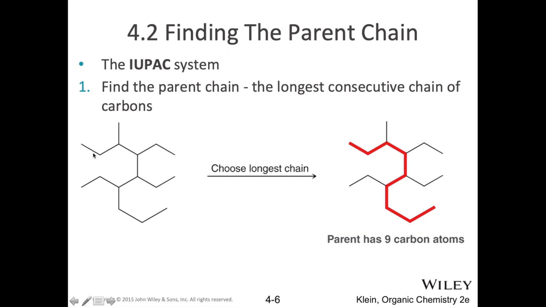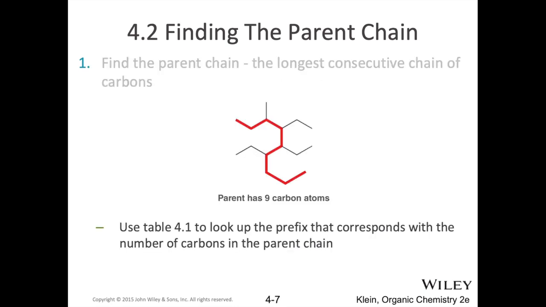You may have looked at 1, 2, 3, 4, 5, 6, 7, but you've got to trace out all the different possibilities, and that's when you realize that this chain over here has 9, and that's the longest possible chain. So that's going to be our root or parent chain when it comes to naming this compound. Everything else that's branching off of it are what we call substituents. Those will factor into the name, but when it comes to the root word for the name, we're going to take the fact that the longest chain here has 9 carbons.